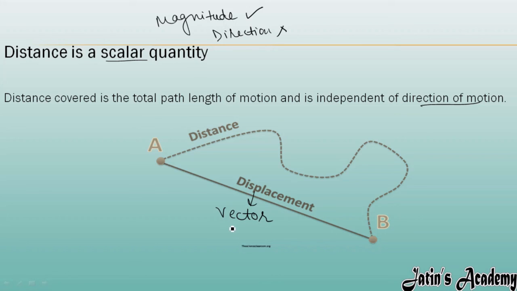Vector quantity means we are bothering about both magnitude and direction. In which direction is he going? From point A to point B, obviously he has to go in this direction only. If he goes to the back side, how will he reach point B? Fine. So displacement is a vector quantity and distance is a scalar quantity.